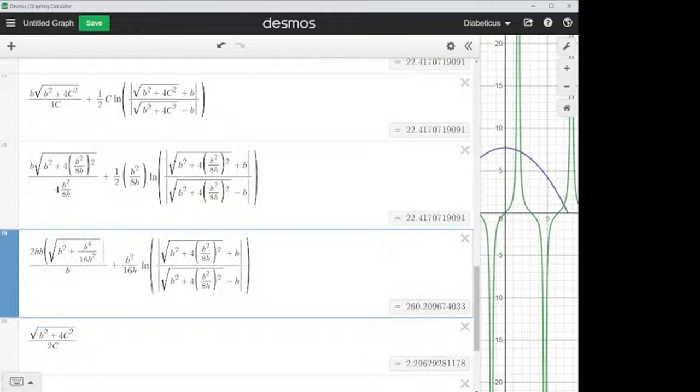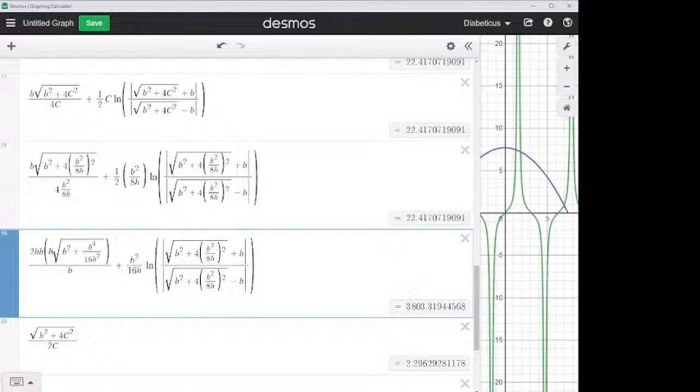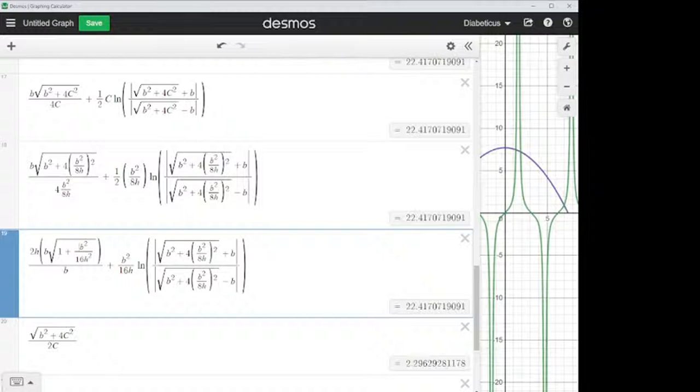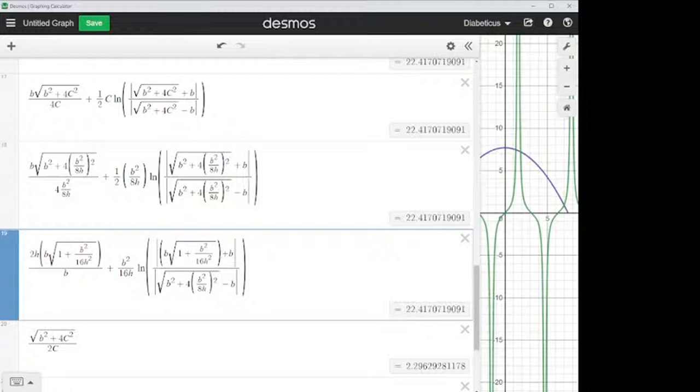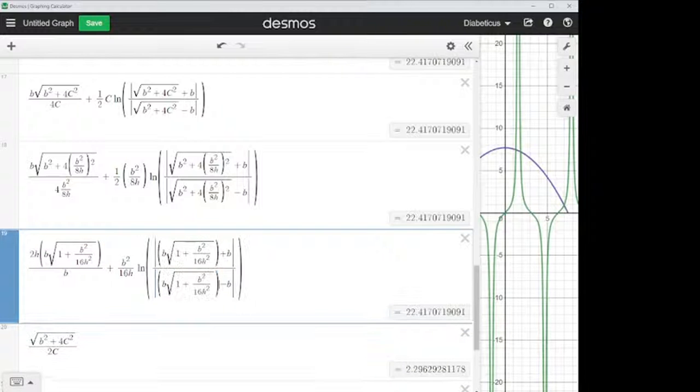Let me parenthesize this so I know what I'm doing. So 1, b squared. Okay, I did something illegal somewhere. This is b here. So this, I think, becomes this, right? Yeah. Okay, let's leave it at that.